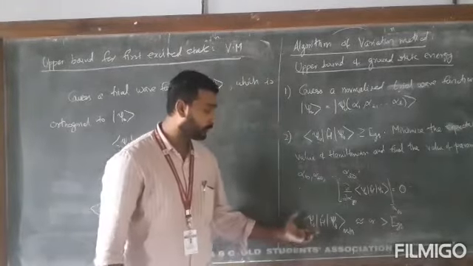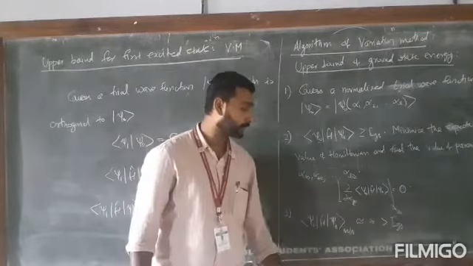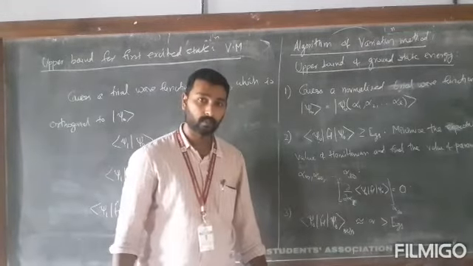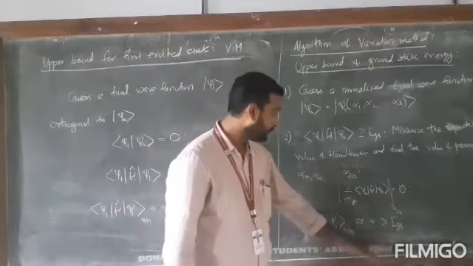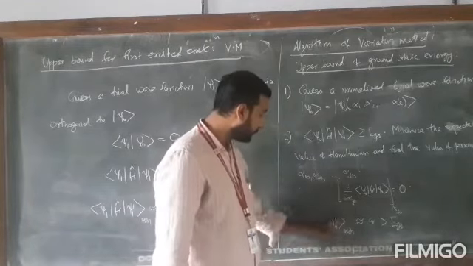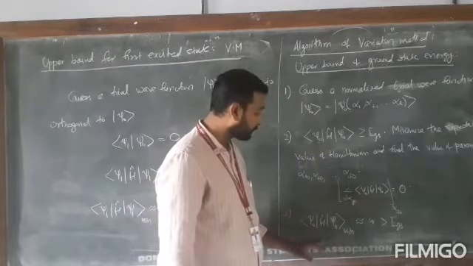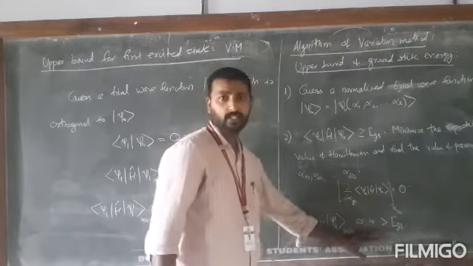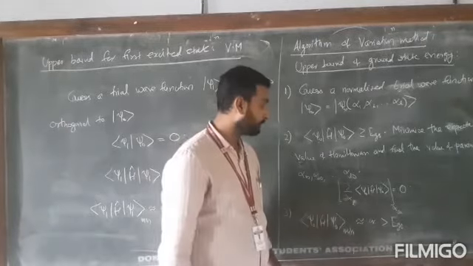So with this we will find the upper bound for the ground state energy. Either this minimum value of the Hamiltonian will be equal to the ground state energy or slightly greater than it.